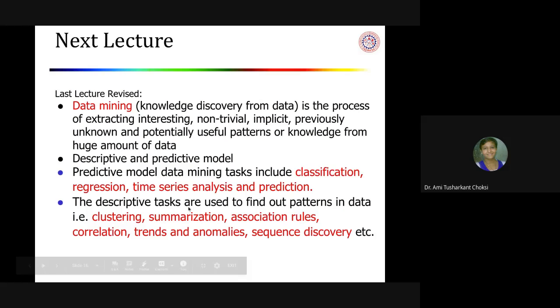The descriptive tasks are used to find out patterns in data, that is, clustering, summarization, association rules, correlation, trends and anomalies, and sequence discovery, and many more things, right? So we want to know about all these things, and that's what we are going to study today.